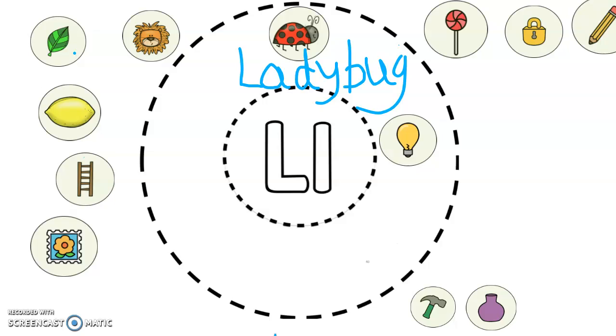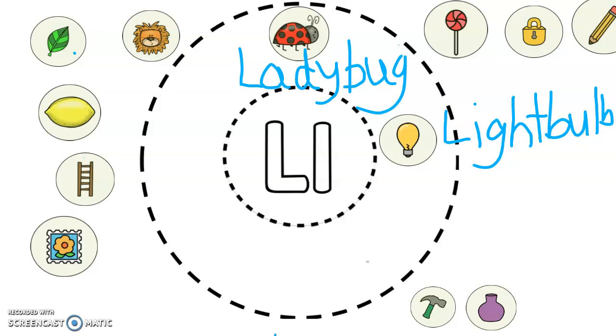All right, everybody say it with me. You've got to say the sounds or you won't learn them. Practice with me. What sound? Ooh. How do I write ooh? L. All right, light bulb. I have ladybug, light bulb.